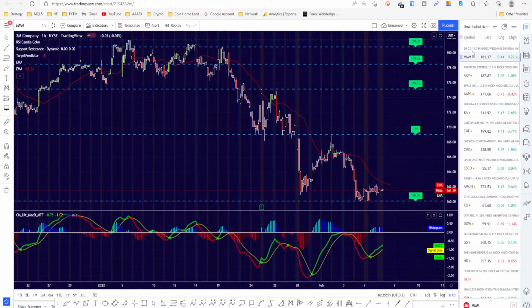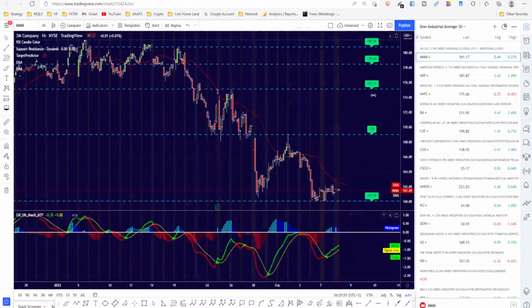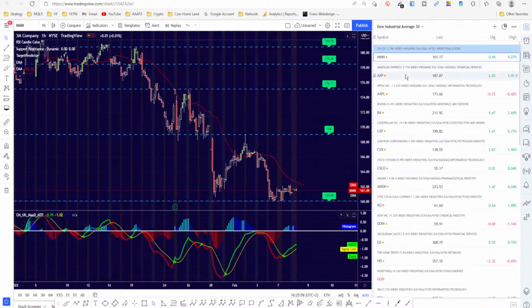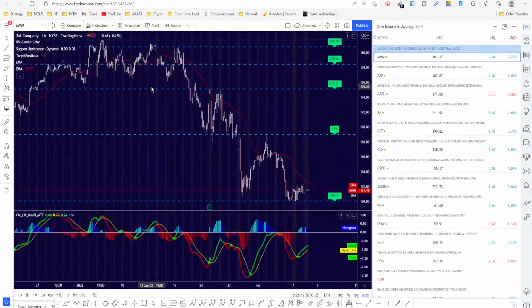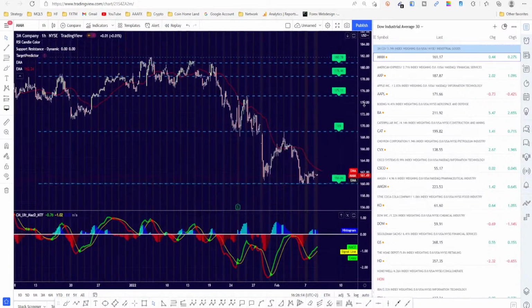So 3M right here, guys, let's make this a little bit bigger. 3M has 3.74 in the index, in the Dow, and its change is 0.27, it's a little bit, but still, it's still down. And that's kind of what has been pushing the index down lately. It's coming from 182 to 160.